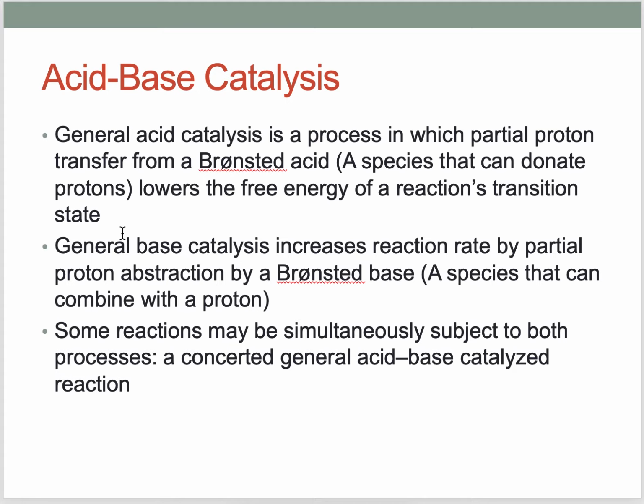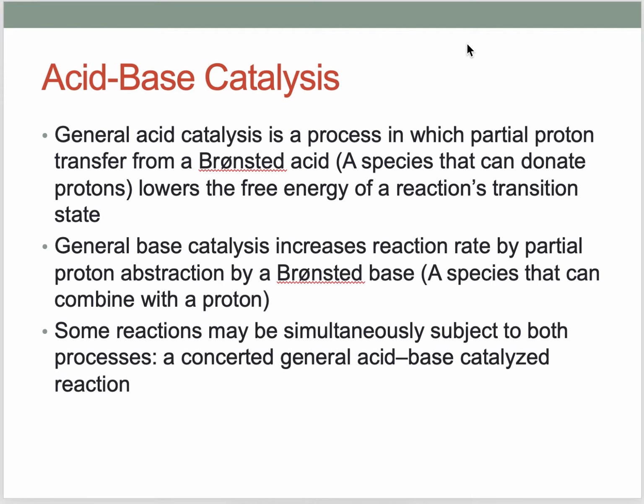In contrast, general base catalysis increases reaction rate by partial proton abstraction by a Bronsted base. However, some reactions may be simultaneously subject to both processes. That is a concerted general acid-base catalyzed reaction.